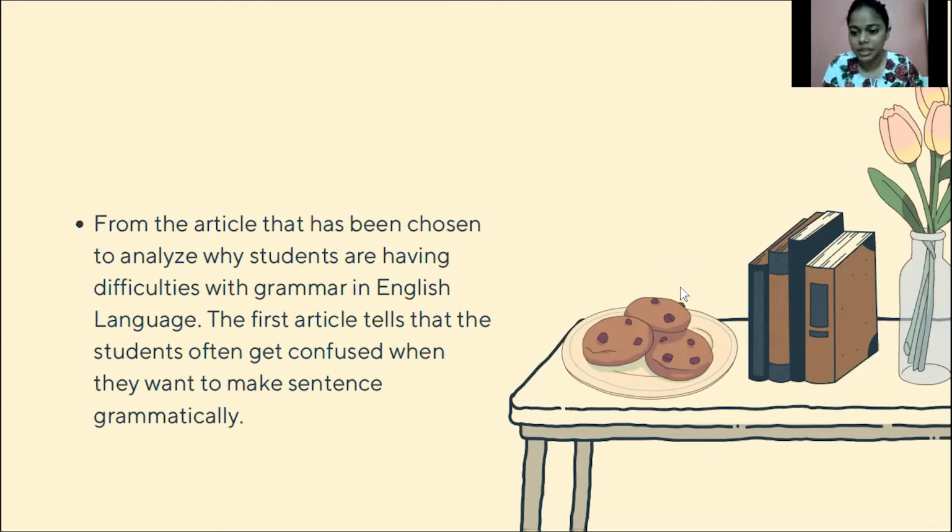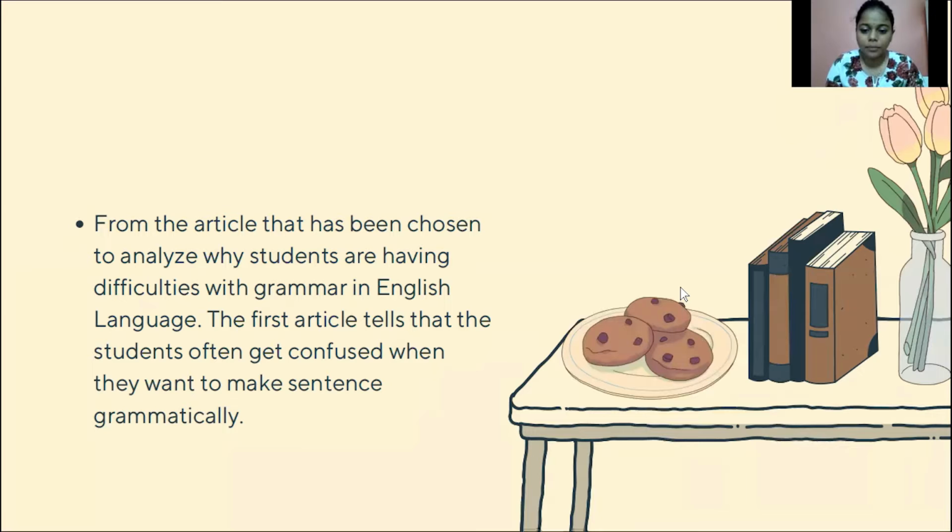Grammar is known as essential in learning English. Still, many students do have difficulty understanding grammar. Grammar is an important element that needs to be learned, especially when it comes to the language process. Grammar is an important part of both spoken and written English.